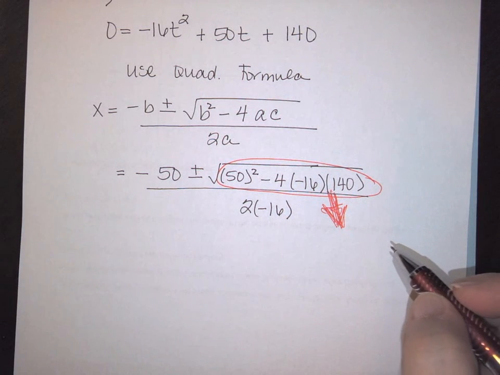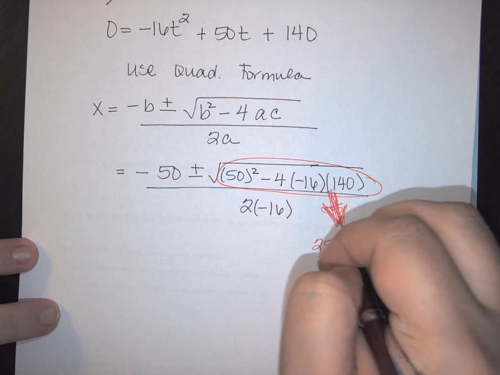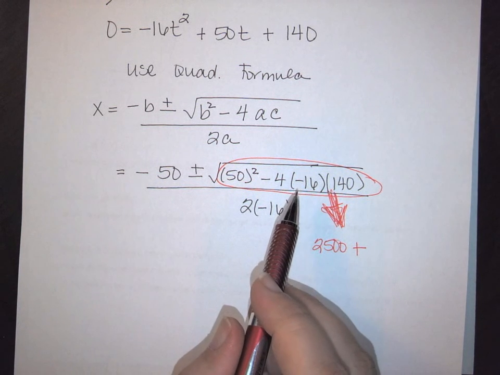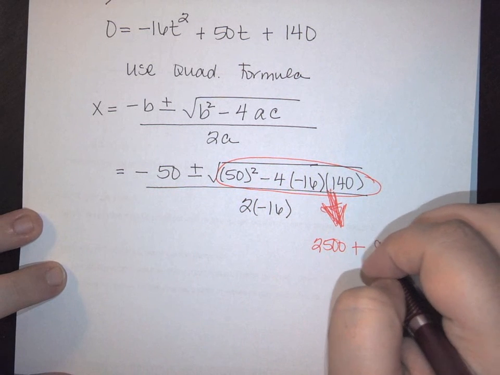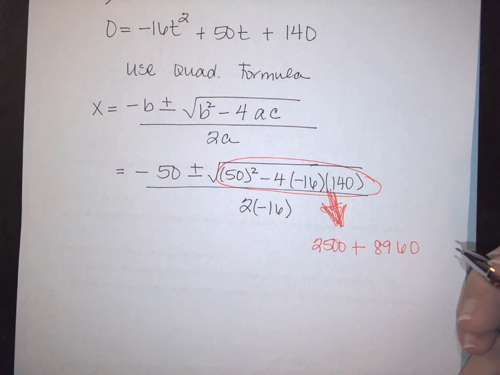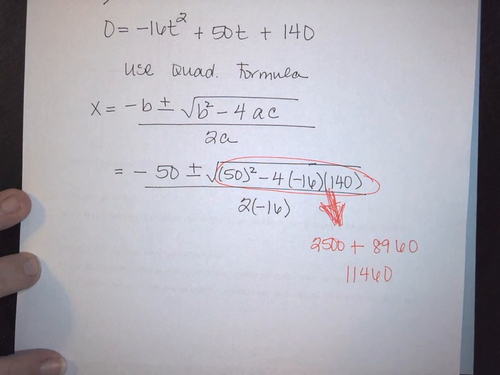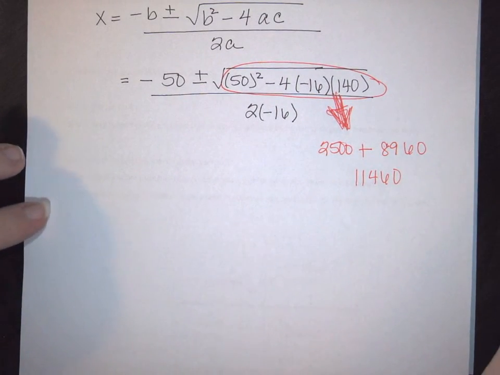So we've got 50 squared, which is 2500, plus, because minus a negative, 4 times 16 times 140, which gives you 8960. Add in that 2500 and we get 11460. So we can input that back in and solve things down.